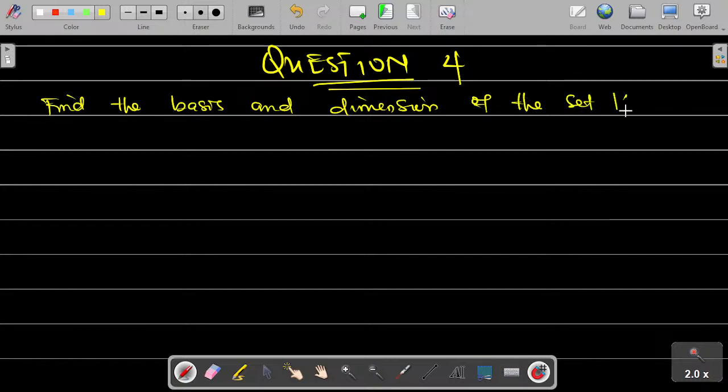Of the set H, where H is equal to the set of A, B, C. That means it's made up of vectors of 3 entries such that A minus 5B plus 9C is equal to 0. That's 1.